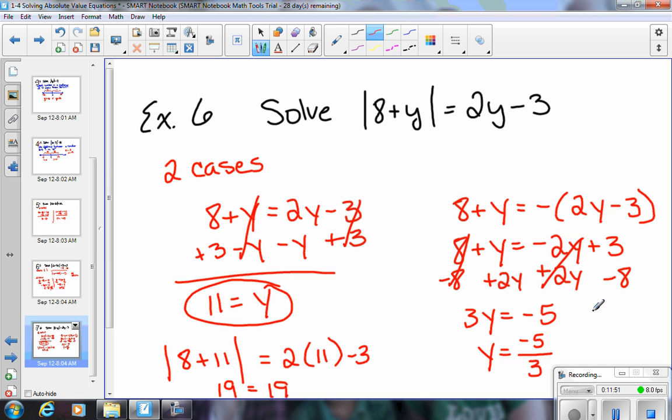So I'm going to have something positive on the left side, and I'm going to have something negative, I ran out of room, on the right side, and that can't be equal. So even without doing the math, I can tell this solution won't work.